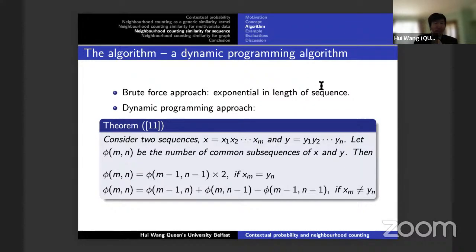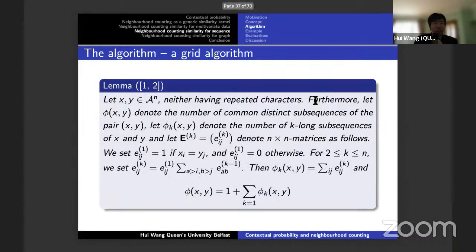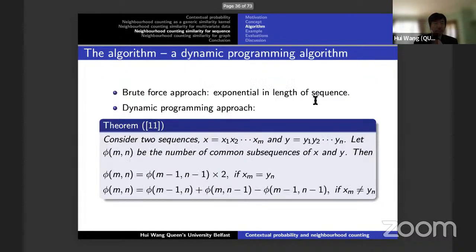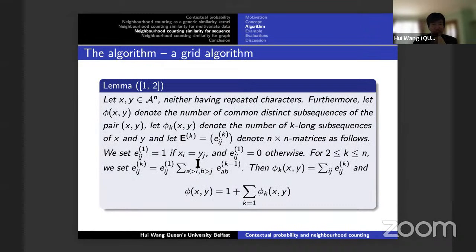One is the dynamic programming algorithm, and the other is what we call the grid algorithm. The dynamic programming algorithm works in this way. We only need to specify the relationship between these. I don't want to go through the details. So that is the dynamic programming algorithm, and this is the grid algorithm. It looks quite complicated.